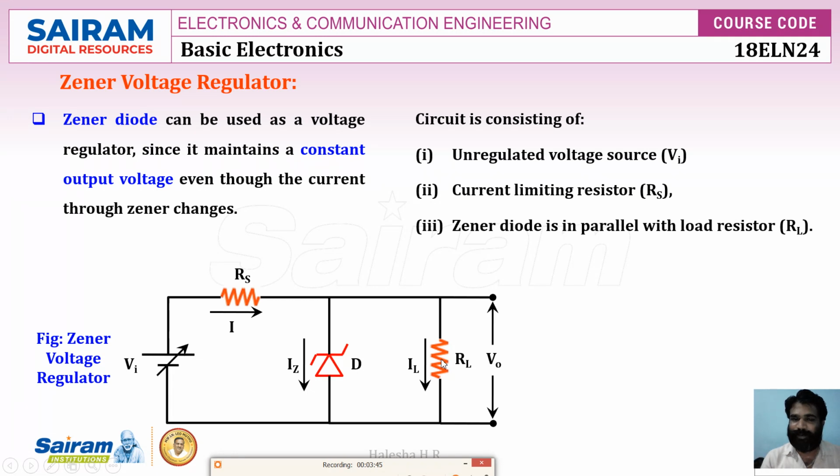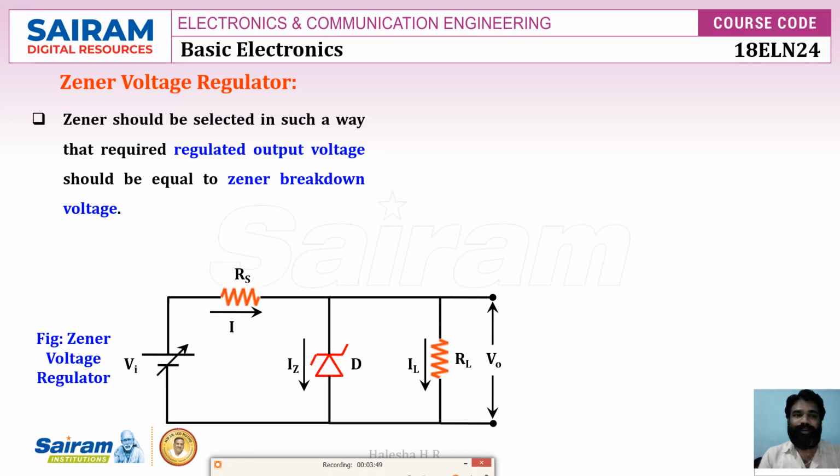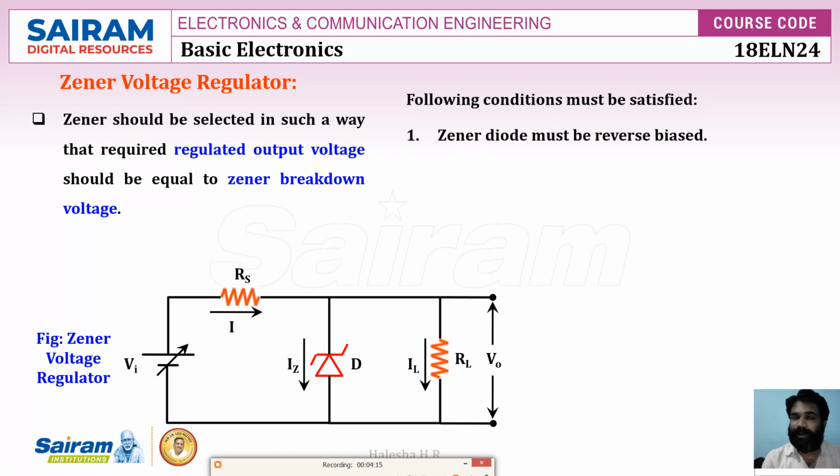The Zener should be selected in such a way that the required regulated output voltage should be greater than or equal to the Zener breakdown voltage. That means, suppose you want a constant output voltage of 6 volt, we should select a Zener of breakdown voltage 6 volt.